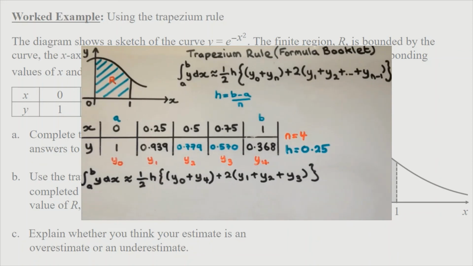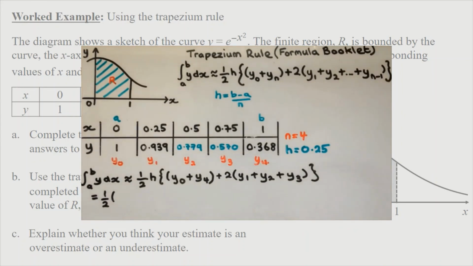Great. Let's substitute in all the values. So I'm going to use a straight equal sign now because this is equal to what I've stated before. I'm going to drag it across a little bit because there's a lot of numbers going in here. So this is going to equal 1/2 of, now it's h is 0.25, let's sub that in.